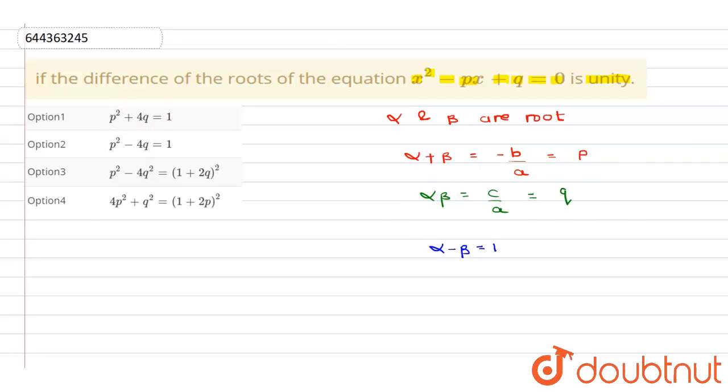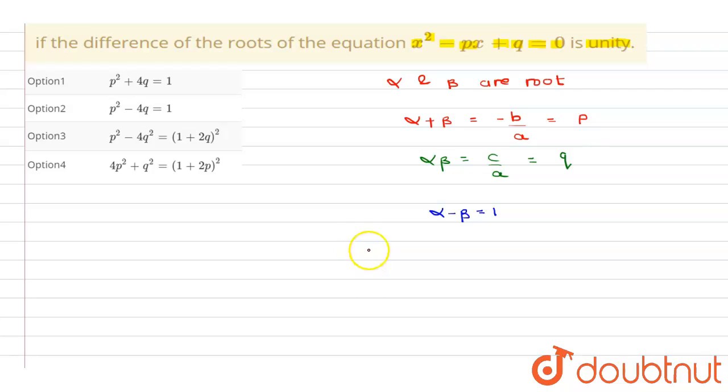Now, we have an expansion formula, which is, we know that a plus b whole square is equal to a minus b whole square plus 4ab. This is what we know.